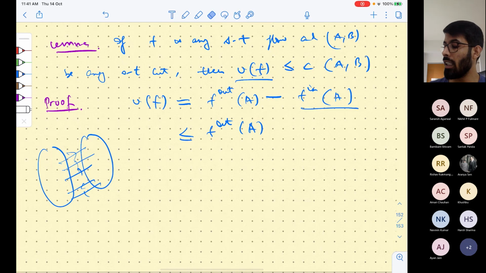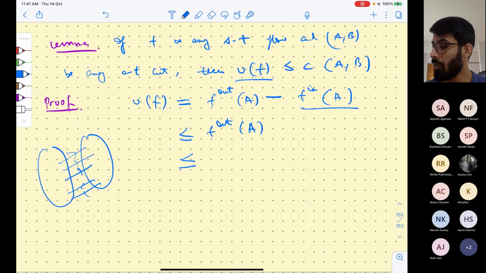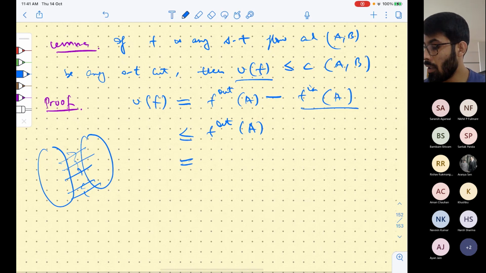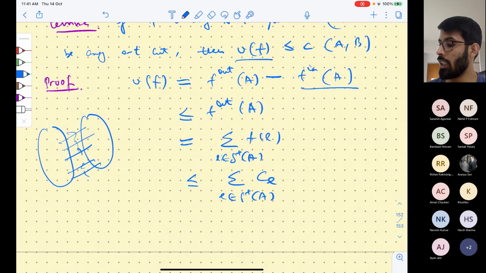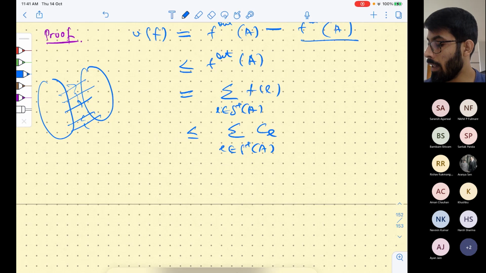So we can just say F out of A, which is basically less than or equal to, or let's write it down as summation E belongs to delta plus of A, F of E is less than or equal to summation E belongs to delta plus of A, C of E, right? Because F of E is less than or equal to C of E by definition of flow. And now we get this to be equal to exactly the definition of C of A comma B.